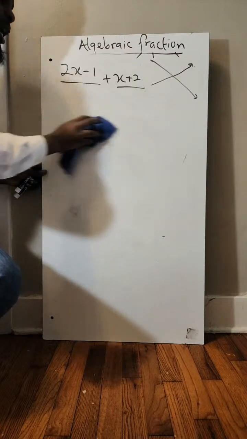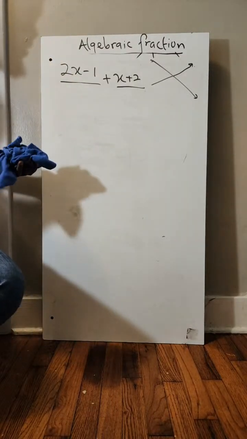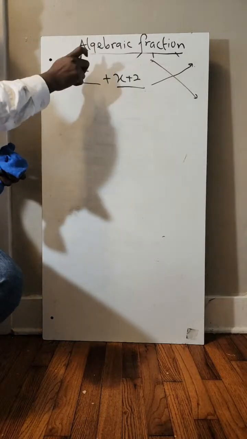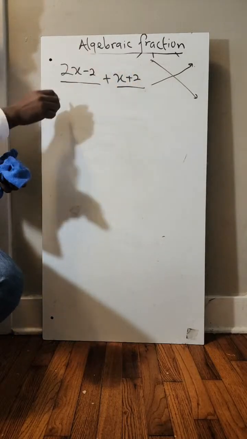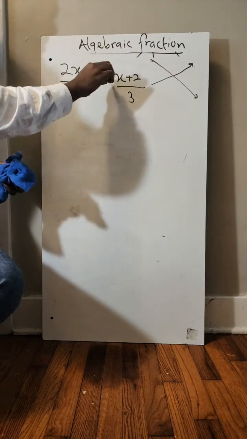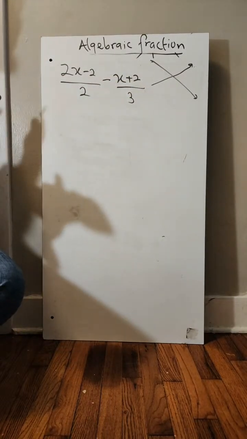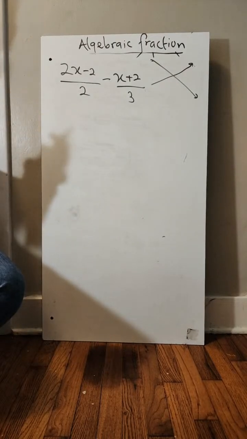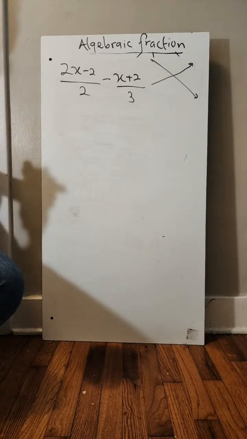When we have the denominators to be different, let me just put minus: here we have 2, we have 3, and let's put the negative sign here. So how do we go with this? Now we're having two fractions with different denominators. How do we do this?